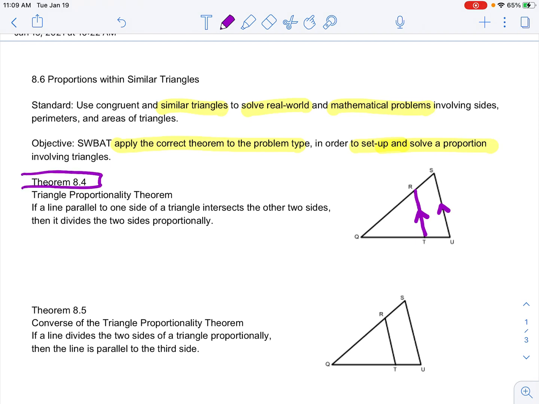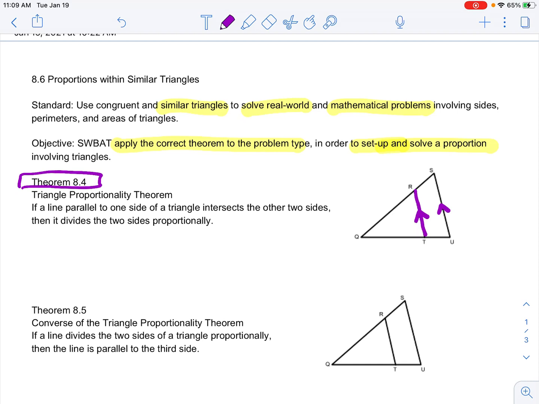So when you're looking for Theorem 8.4, you are looking for a line with a little arrow on it that indicates that it's parallel. You can see what's different about 8.5. There's no little lines here. And so we're looking for a triangle that has a parallel line inside of it.